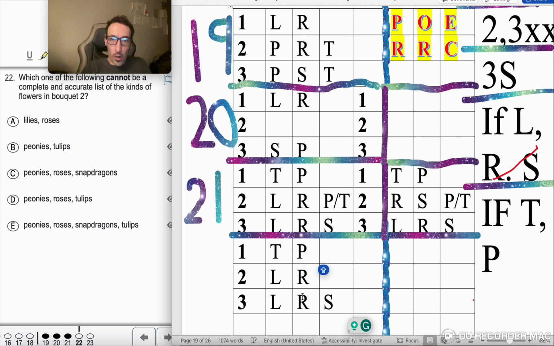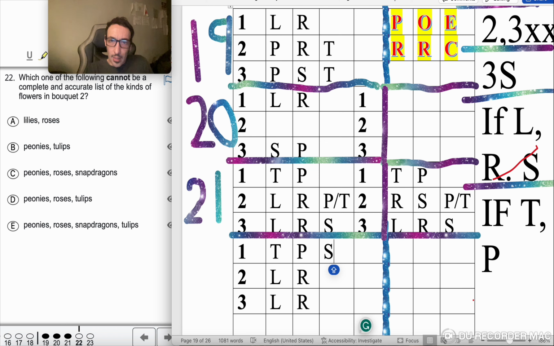So we have L and R. 1 and 3 cannot be the same, and Snapdragon needs to be in S. So right now we're having a difficult time with the letter S, because if we see the letter L, we can't have S in there, because L is the remover S, and also S can't go in 2. So that forces S to be here, but we need to have 2 at the minimum though, matching exactly.